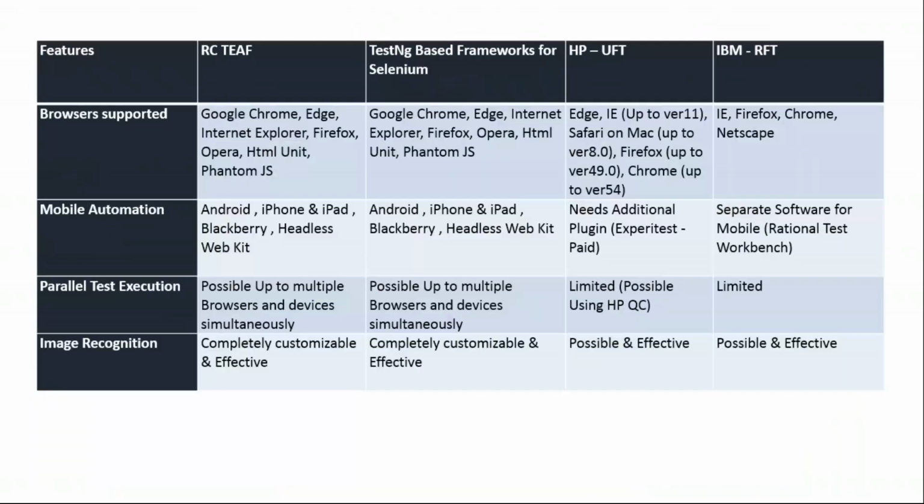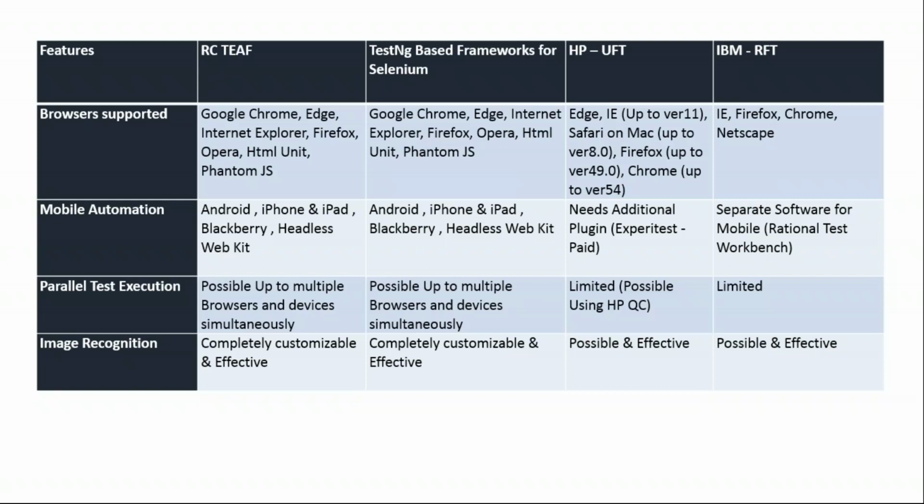Browser supported. This is an important aspect why Selenium is a market leader in web application test automation. As soon as a browser comes out with an update, or if there is a new browser, for example, when Edge came out with Windows 8, Selenium was the first provider to be able to support this particular browser. And there is a large community of developers that I mentioned who immediately add support.